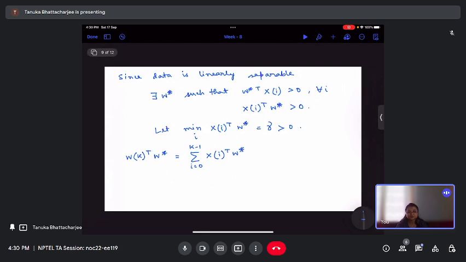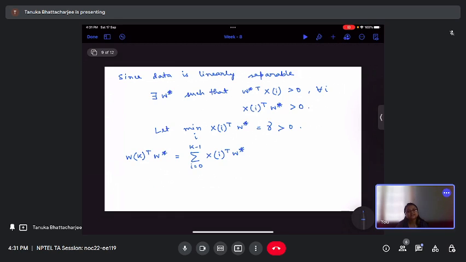This will be your expression. Now, the minimum value of xi transpose W star is gamma. So, if you consider that minimum value and sum it over i equal to 0 to k minus 1, you get k times gamma.